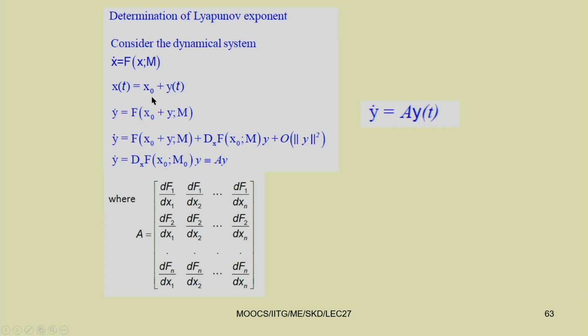For a dynamical system we can write x dot equal to f(x; m). Let us give a slight variation. Starting with x0, if we have a variation y(t), then x(t) can be written as x0 plus y(t).